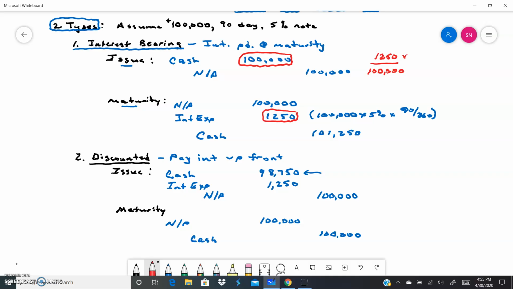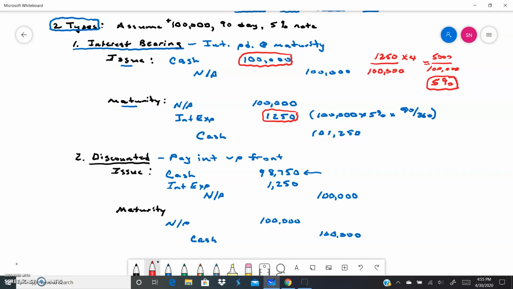So if we multiplied that by 4 to give us an annual rate, that would be $5,000 divided by 100,000. And so that would be a 5% interest rate, or real effective interest rate for that borrowing. We've got the full use of $100,000. We paid a 5% interest rate on that. Our effective rate was 5%.